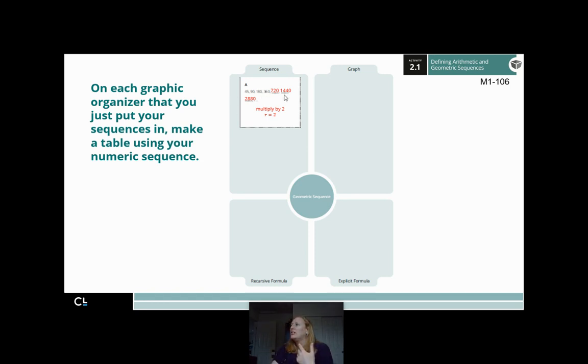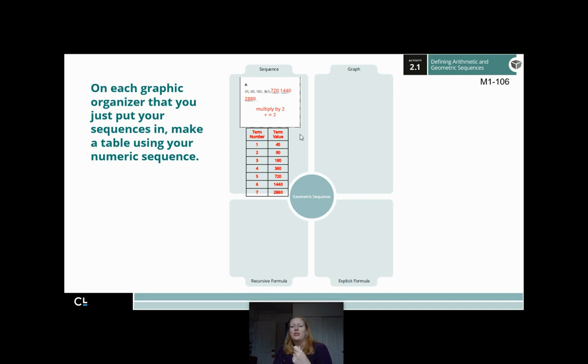We wrote out our sequence, we wrote out the pattern, but then we made a table of our terms. So I did that. I have my term number, term 1, term 2, term 3, term 4, term 5, term 6, term 7. And then I put my term values next to them: 45, 90, 180, 360, 720, 1,440, and 2,880.